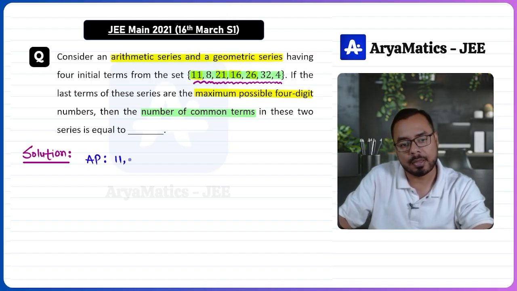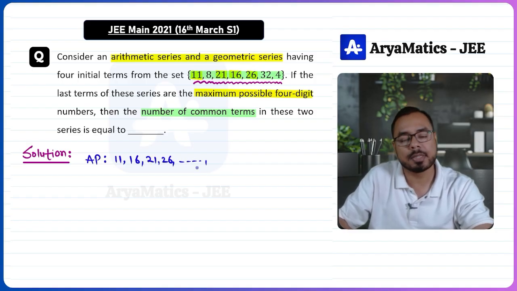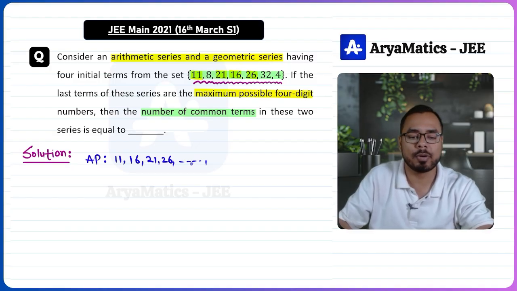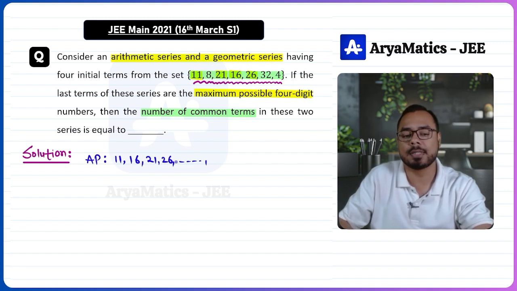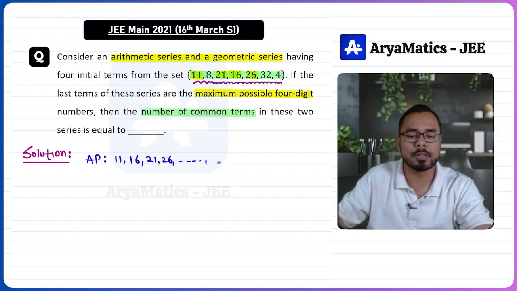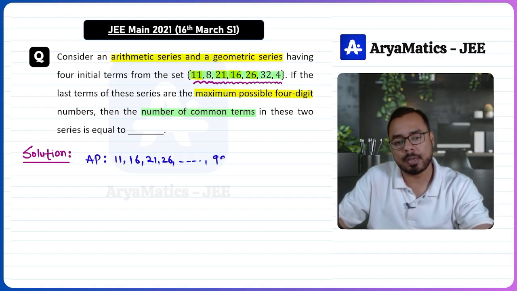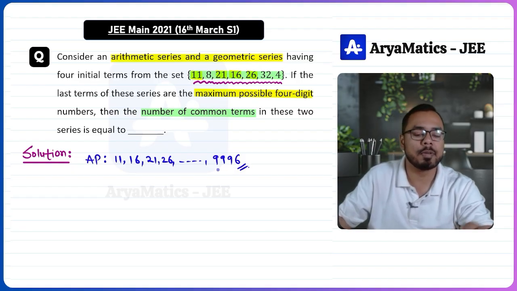First term 11, then you have 16, then 21 and then 26. And the last term of this series will be the maximum possible four-digit number, so the last term should be less than 9999. And you can very easily see that here we have multiples of 5 plus 1. So the last term will be 9996, right? This will be the last term of the AP.